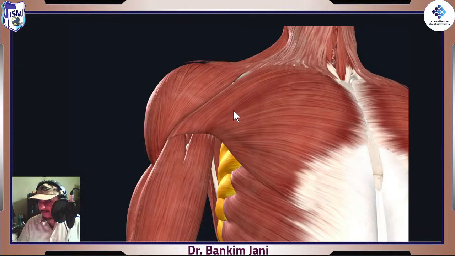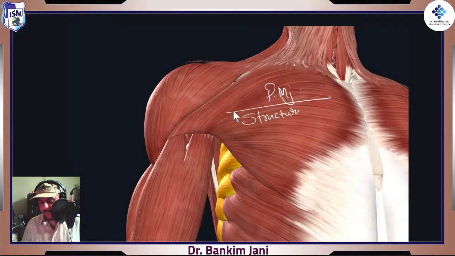So again, when I say this is back to our pectoralis major, if it is asked what are the structures under pectoralis major, this would be a very common question.